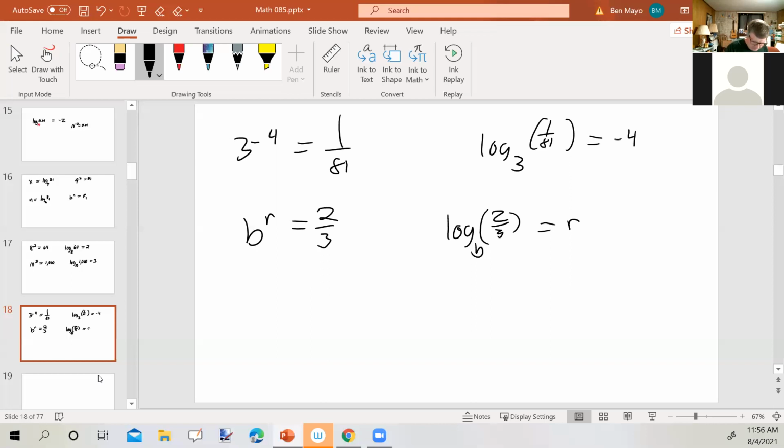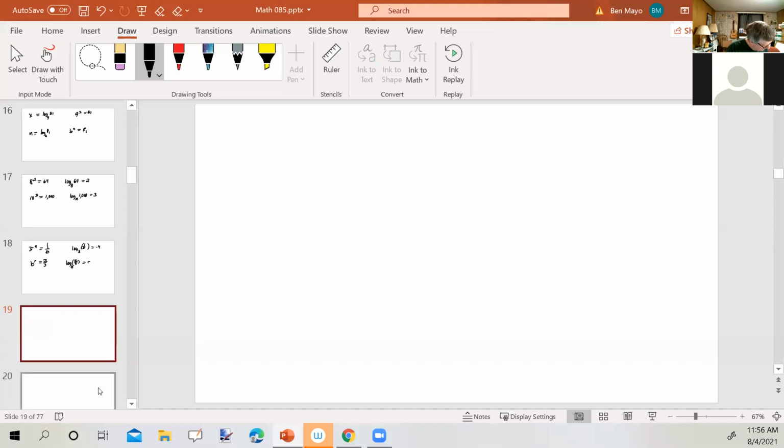Okay. Let's see here. Let's take a look at this. Log base x of 9 equals 2. It says solve for x. Okay. So what do we have here? We have x squared equals 9, right?